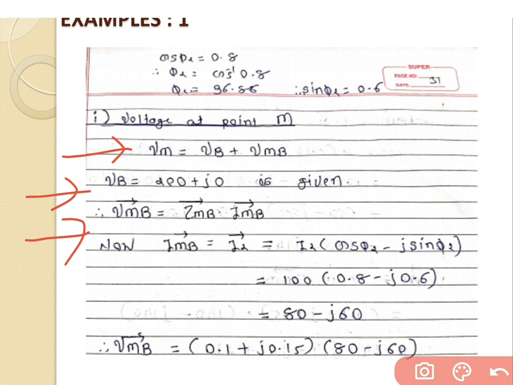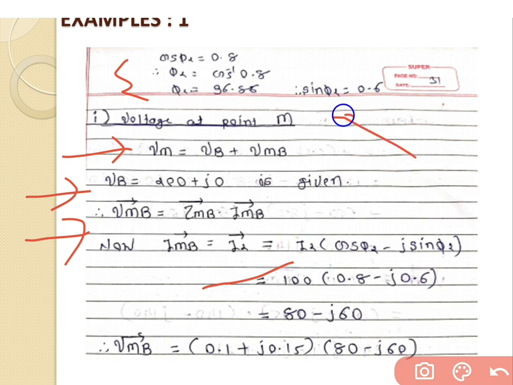I2 is equal to I2 times the bracket cos phi 2 minus j sin phi 2. I2 is equal to 100 ampere and cos phi 2 is equal to 0.8, which is given. So phi 2 is equal to cos inverse 0.8, which gives phi 2 equal to 36.86 degree. Applying the sine, sin phi 2 is equal to 0.6.